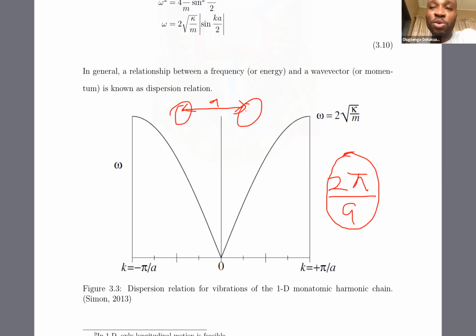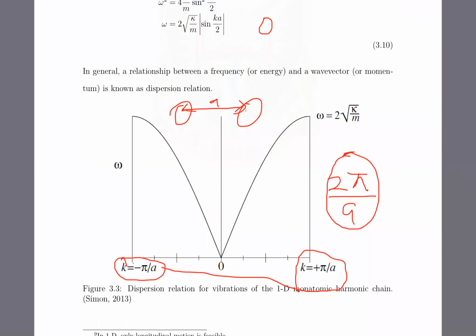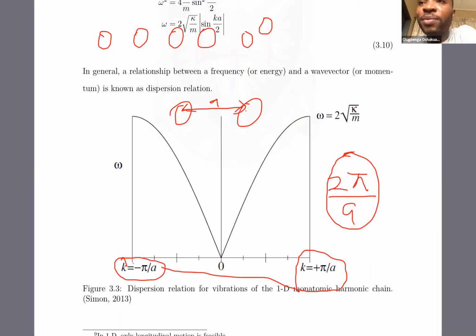And in that other world, K equal to minus pi over A and K equal to plus pi over A are said to be the boundary of a particular atom. You see, when we say we have 3 atoms, or 4, or 5, each of these atoms has its own space.